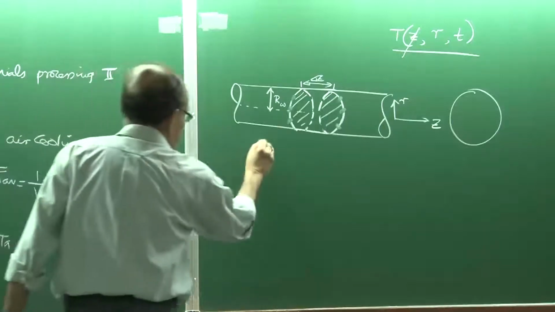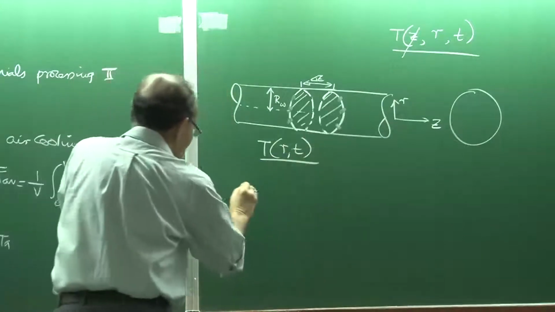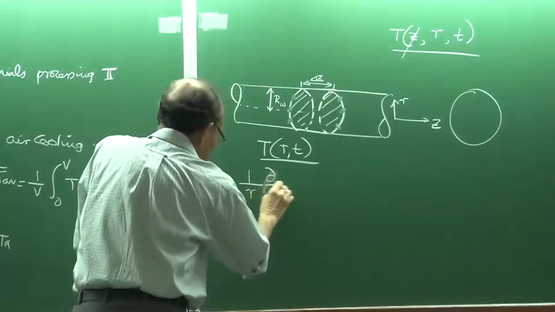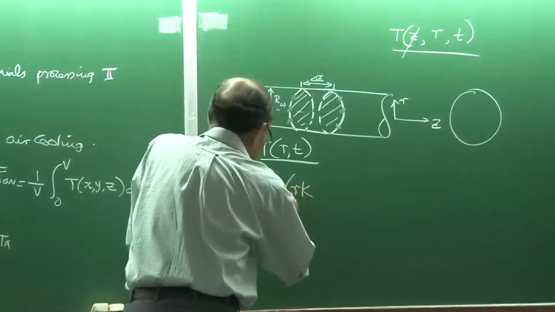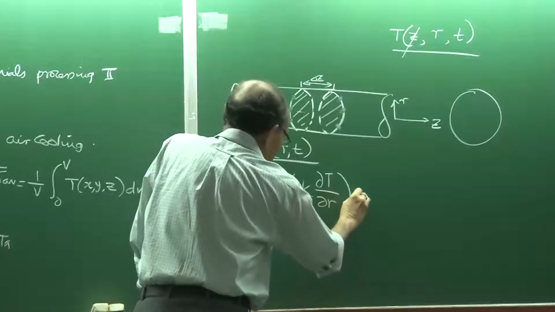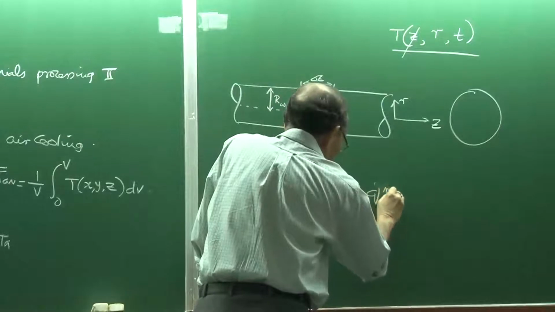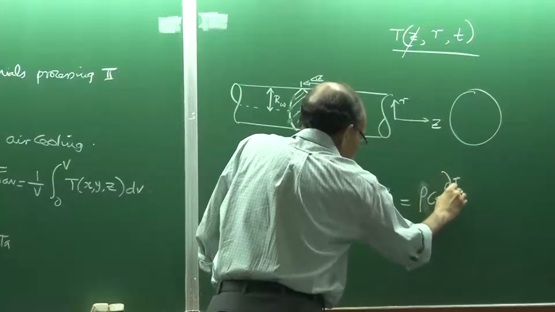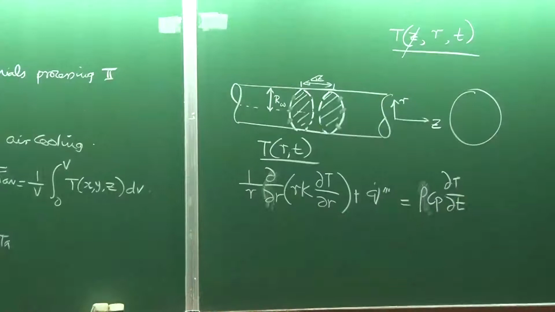So we consider this, and if we write down the equation, then we have that, which basically represents the radial direction heat conduction equation.